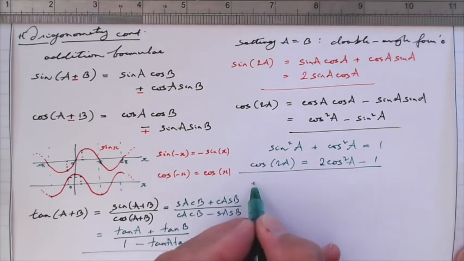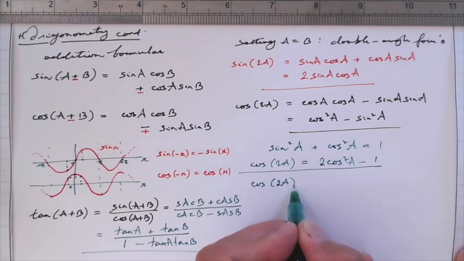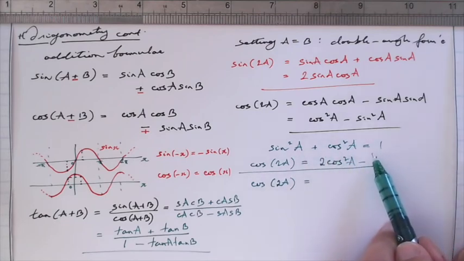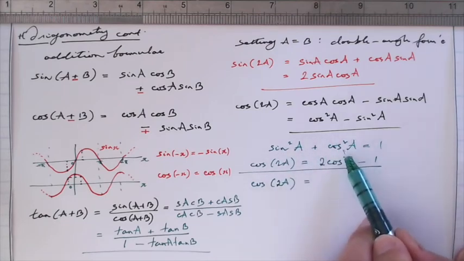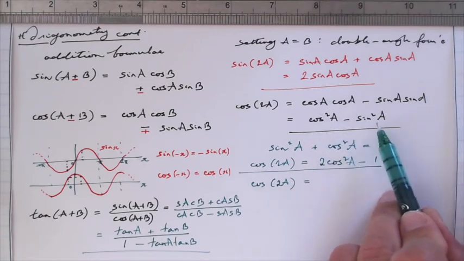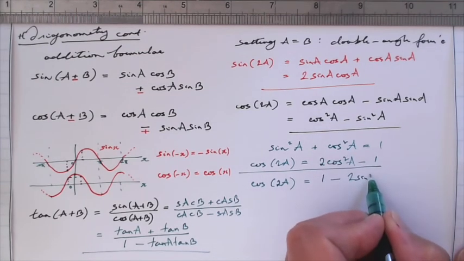And that's a way to express cosine of twice the angle purely in terms of cos a. Similarly, if I switch out the cos squared instead of the sine squared, Pythagoras' theorem says that cos squared is 1 minus sine squared. If I write that in here, I would have 1 minus sine squared, which is 1 minus 2 sine squared.